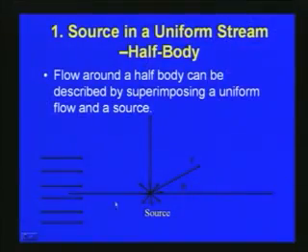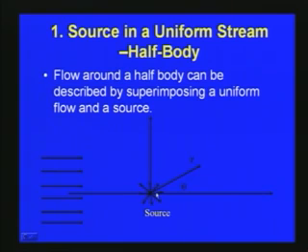When a source in a uniform stream is superposed, we get a half body. Here with respect to this figure, you can see that we have a uniform flow of velocity u0. The flow is in this direction, and then we superpose a source. Here the x axis is in this direction, y axis in this direction.